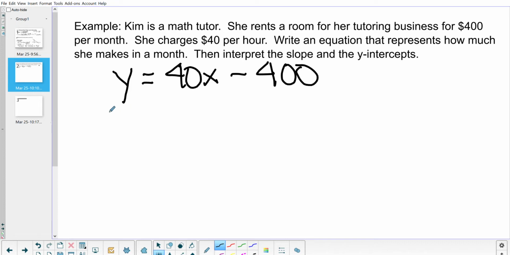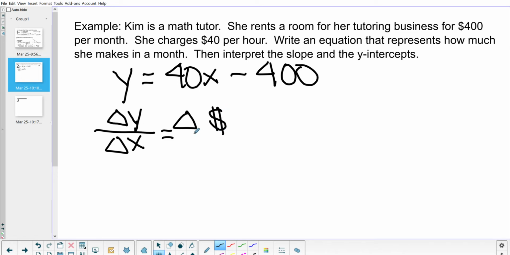Remember how I said when it comes to interpreting the slope, the first thing I want you to do is write out what slope is. Slope is a change in y over a change in x. I want you to do this every time and identify what the different pieces are. The change in y is a change in the amount she makes, the money, over a change in time.